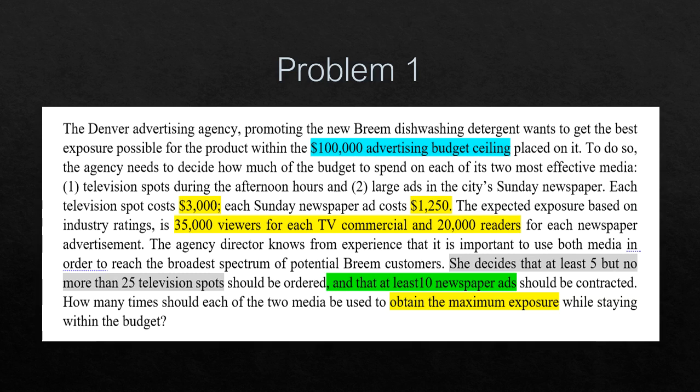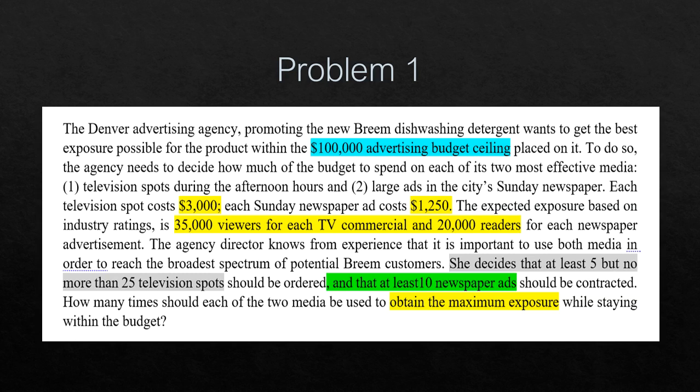Okay, the Denver advertising agency, promoting the new Bream dishwashing detergent, wants to get the best exposure possible for the product within the $100,000 advertising budget ceiling placed on it. To do so, the agency needs to decide how much of the budget to spend on each of its two most effective media. 1.